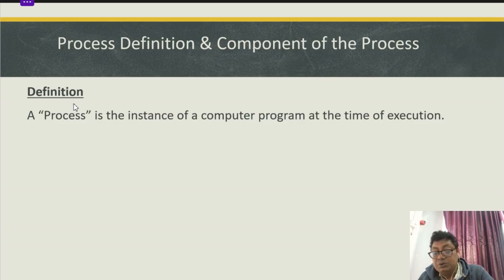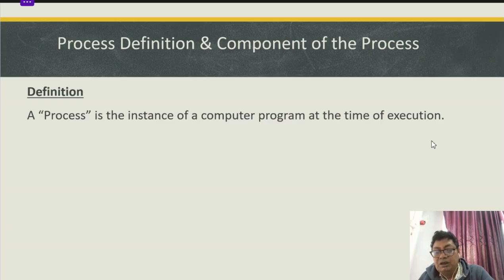When you try to run a program, then a few parts of the program are stored in the main memory for execution. Then that part is known as a process. So finally, the definition: a process is the instance of a computer program at the time of execution.